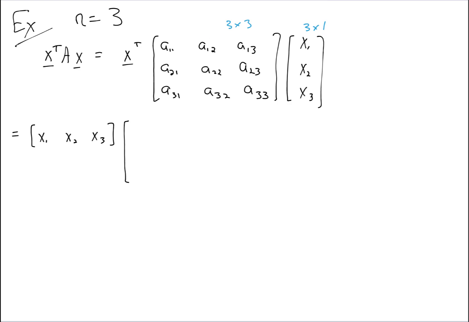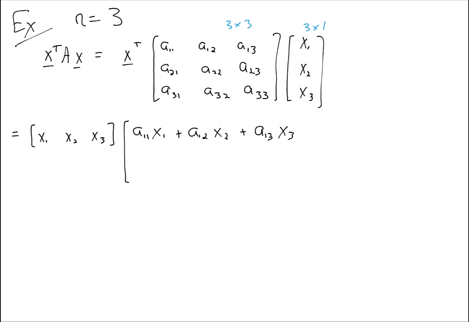For the first entry of this new vector, we take the first row of A and take its dot product with this vector. When we multiply the first entries, we get a11 x1. To that we add the product of the second entries, a12 x2, and to that we add the product of the third entries, a13 x3.